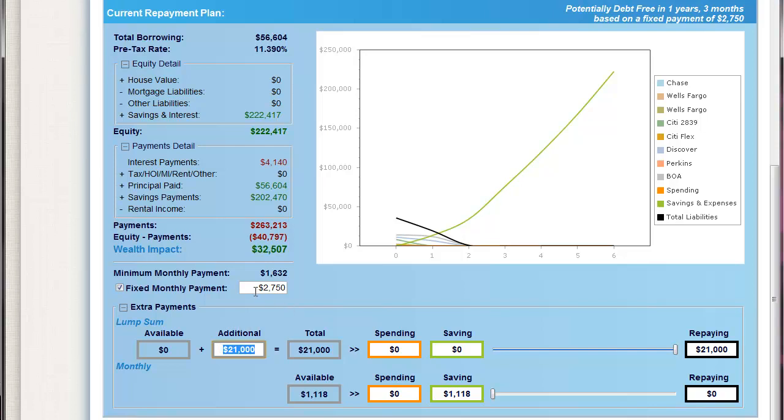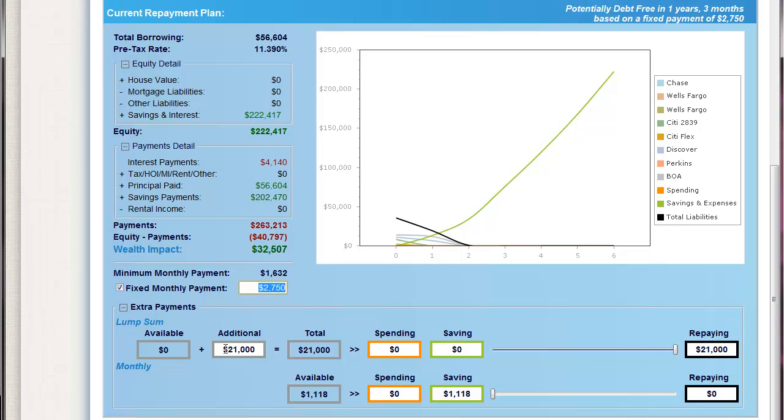Put all that together and commit to making a fixed monthly payment of $2,750 per month. In other words, he's using the same cash flow they had available today from savings as well as other investments, and said, let's take this fixed monthly payment of $2,750.